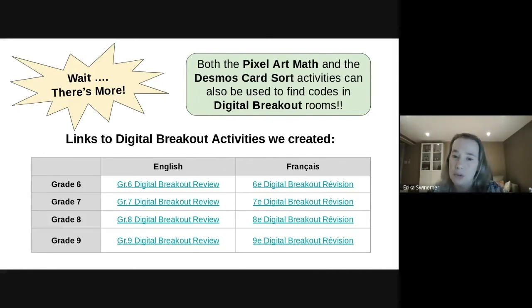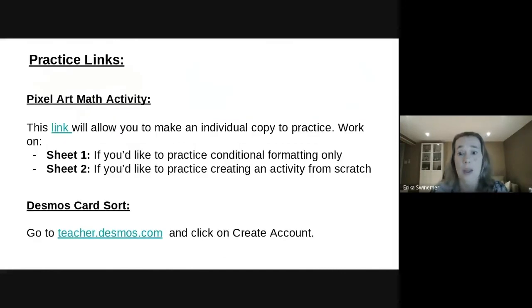So we used the pixel art math and the Desmos card sort, as well as a number of other activities to give students codes. So they went through a Google form and broke out of a digital breakout room. So we thought these would be good to use in September. So for example, grade 8s could use the grade 7 one to do a review of math from grade 7 to give both students and teachers an idea of where they are and what they might need more practice on.